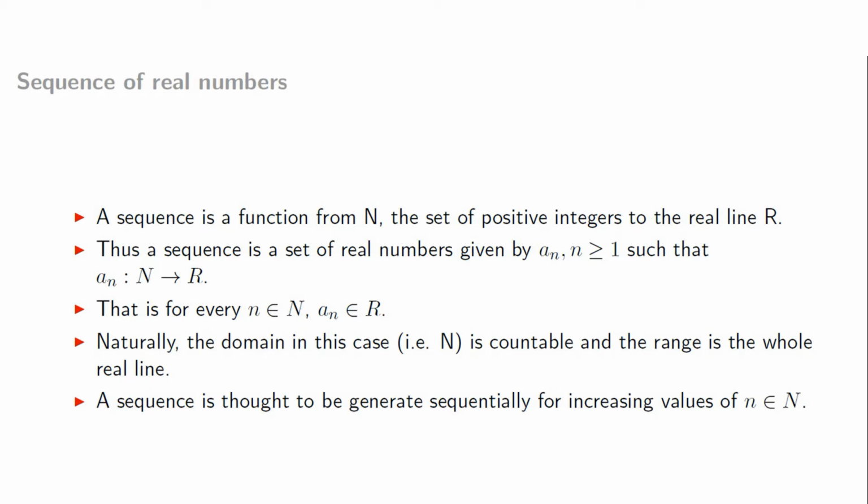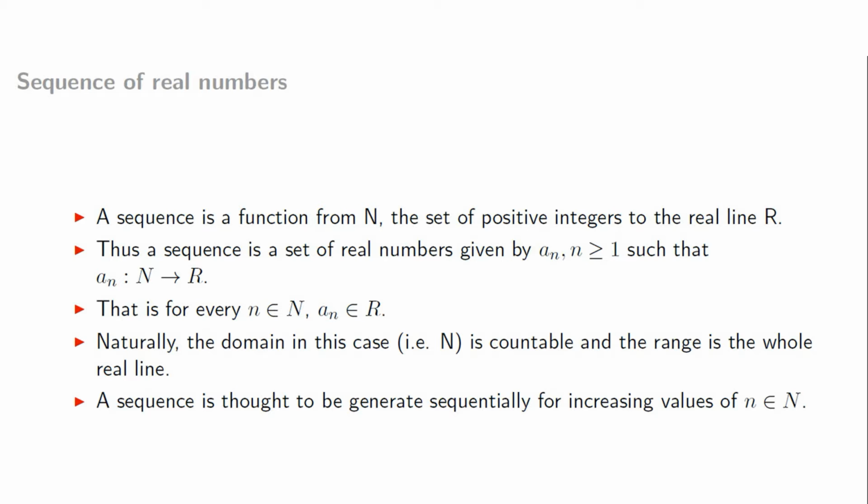A sequence is a function from N, the set of natural numbers or the set of positive integers, to the real line R. Thus, a sequence is a set of real numbers given by a_n where n is greater than or equal to 1, such that we get a value in the real line.